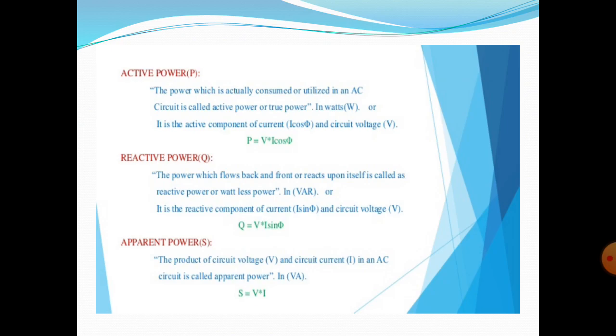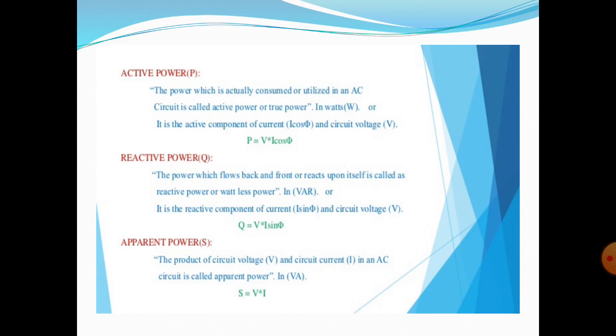And next one is reactive power. Reactive power is the power which flows back and forth, or reacts upon itself. The other name of reactive power is wattless power. Its unit is VAR. It is denoted by the letter Q. Q is equal to V into I sin phi.